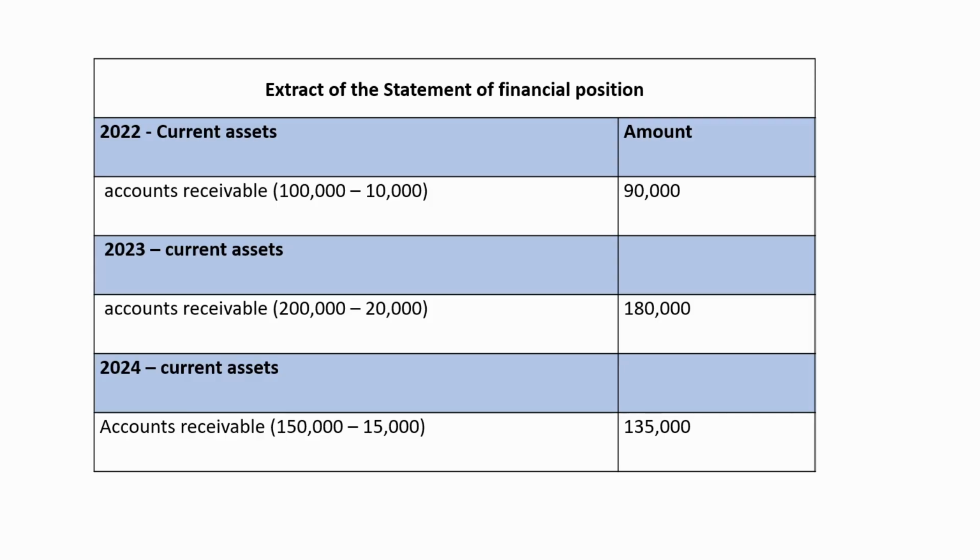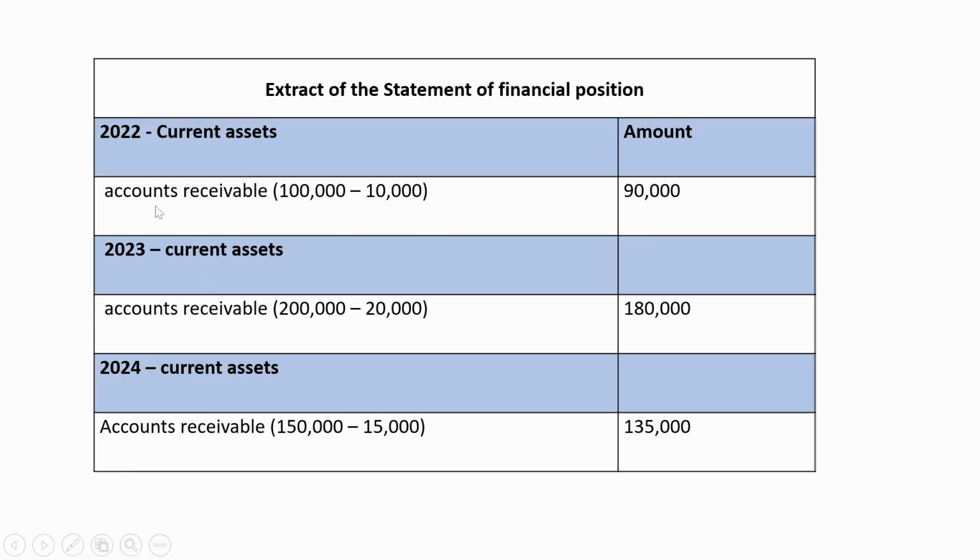So again, once you are asked to prepare an extract, you are supposed to show the correct classification. Remember, we are dealing with accounts receivable, and accounts receivables are classified as current assets. So in our extract, we are supposed to show that the item is a current asset item in all the years.